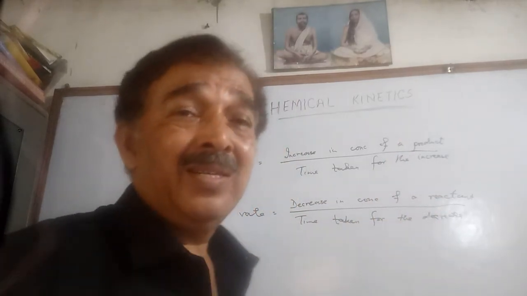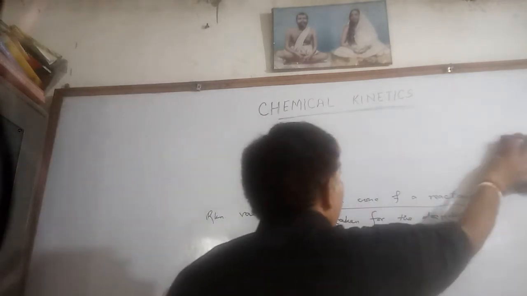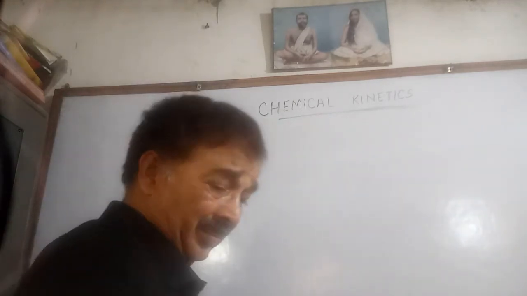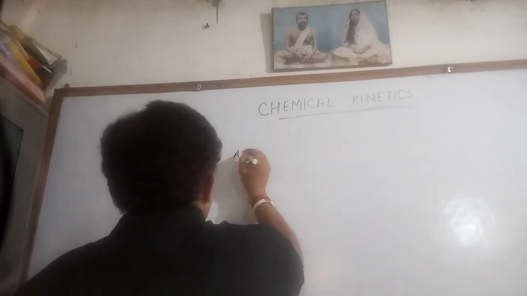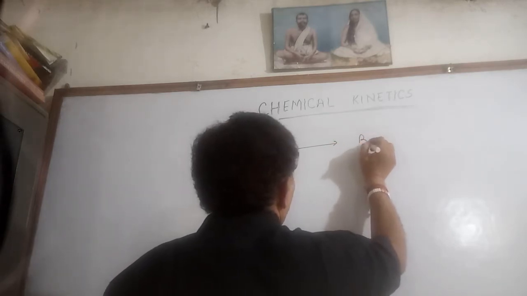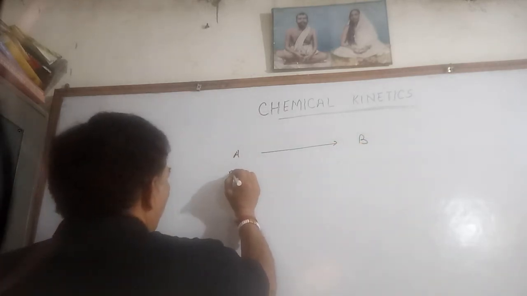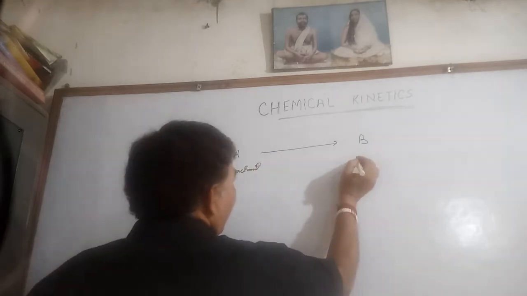Let us consider a hypothetical reaction. Reactant A gives product P. This is your reactant and this is your product.